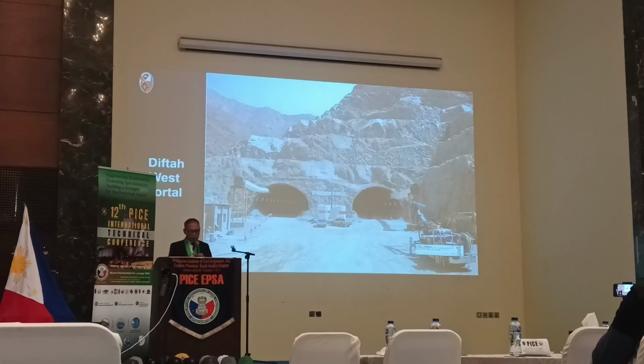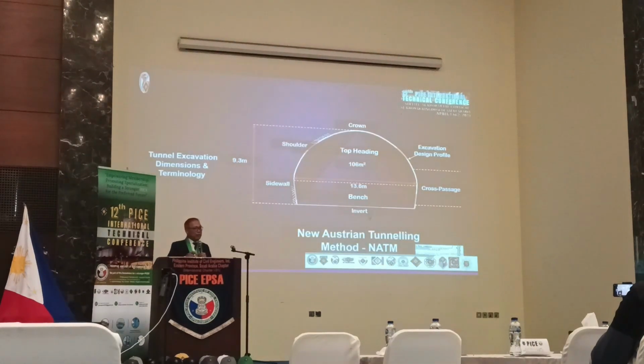This is an example of the West Portal twin tunnel, and just an illustration of the section of the tunnel with the dimension. This is 13.6 meters wide with a 9.3 meter high tunnel opening.